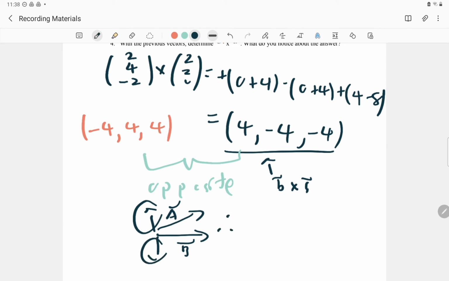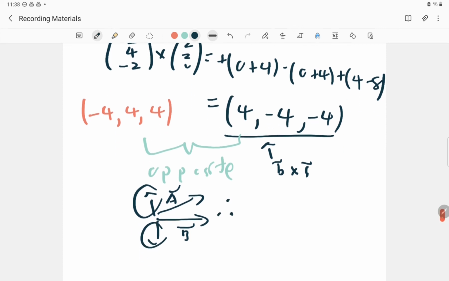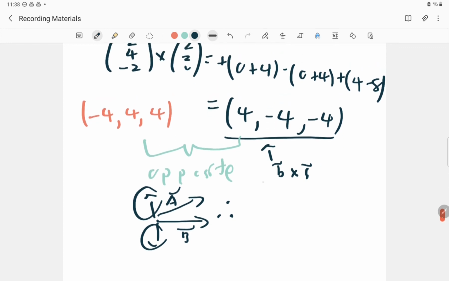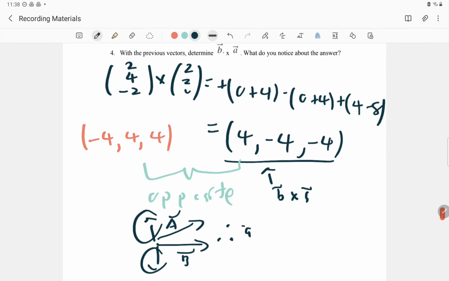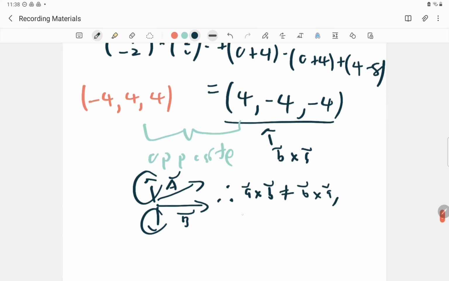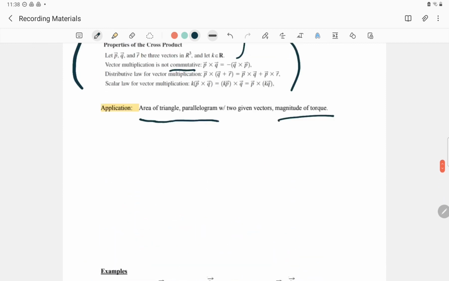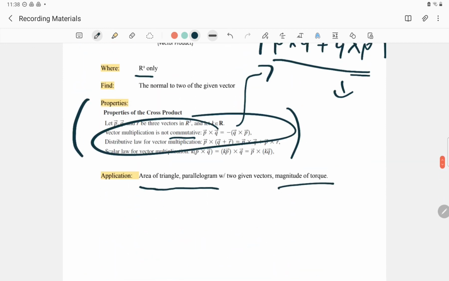And as a result, it can be concluded that vector A times B is not the same as vector B times A, and therefore they are not commutative, as explored in the properties above.